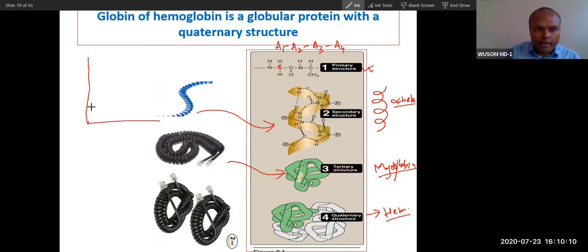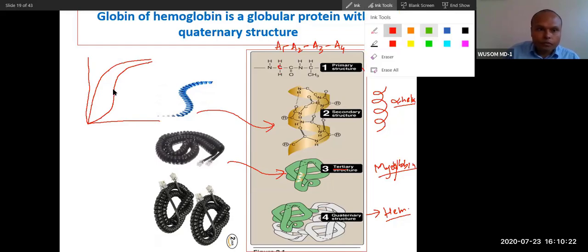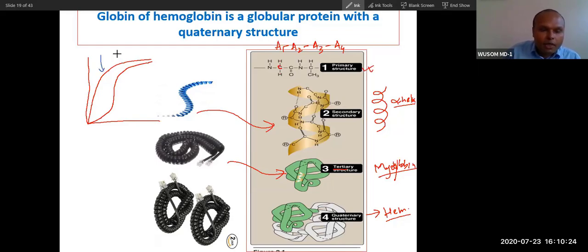One enzyme has this type of curve, a hyperbolic curve, and the second has this type of curve, called a sigmoid shaped curve. Many multimeric enzymes are of this type. These are called allosteric enzymes, and the other is called non-allosteric enzyme.